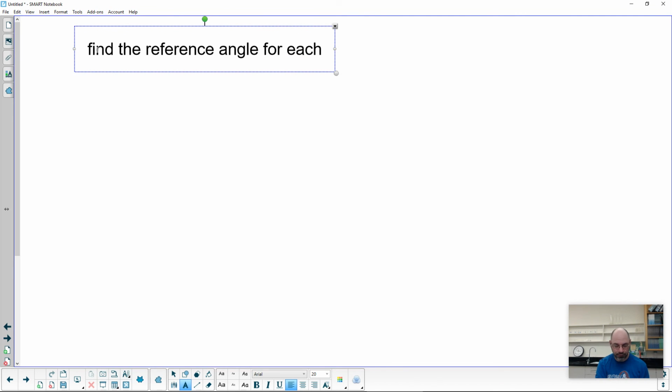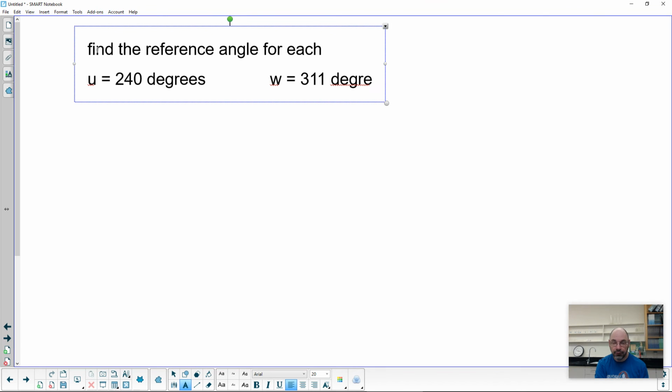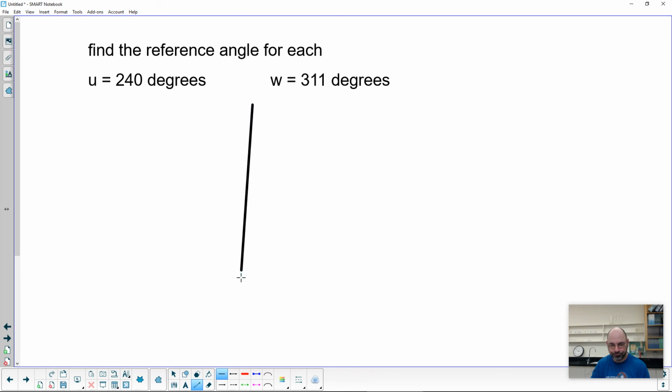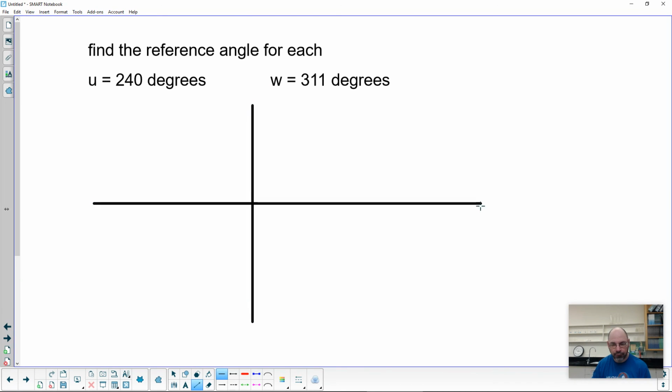So let's say we had u equals 240, and let's say we did w equals 311. As well, they might ask you for sine of 240 if it has a reference angle that is one of those special triangles, but I don't think that'll come till later, probably in the next lesson.